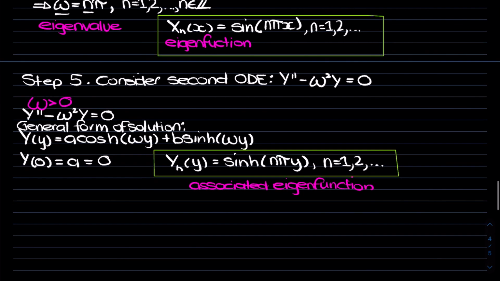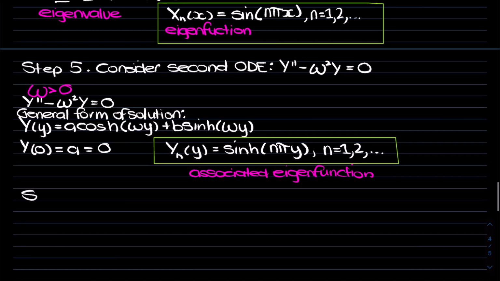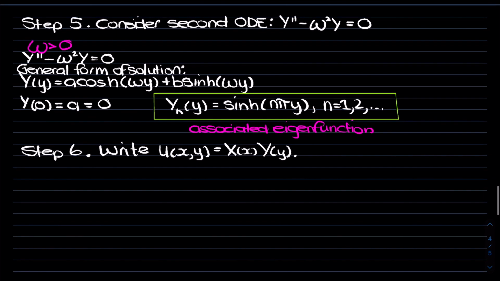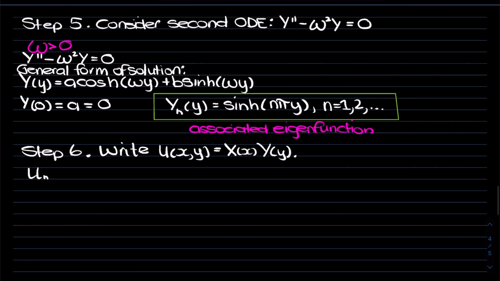Right, so step 6, almost there. Step 6, we need to remember at the start when we supposed that the solution took the form of u equals big X of little x times big Y of little y. So what we're going to do is write our u_n of x and y, and we're going to multiply our X_n and our Y_n.